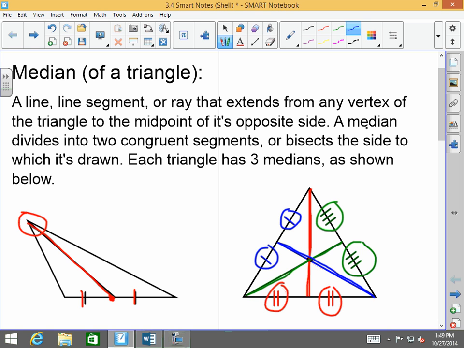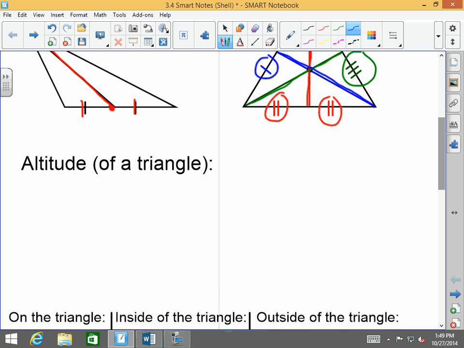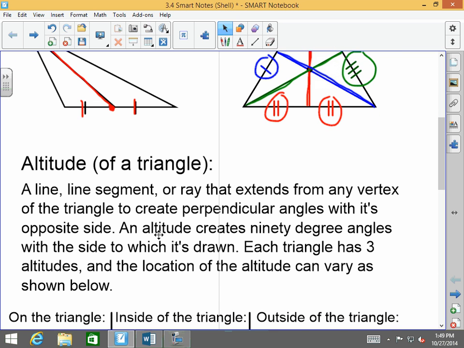Another thing we need to learn and understand today is called an altitude. And an altitude of a triangle is a line segment, or ray that extends again from any vertex of the triangle, but this time to create perpendicular angles with its opposite side.